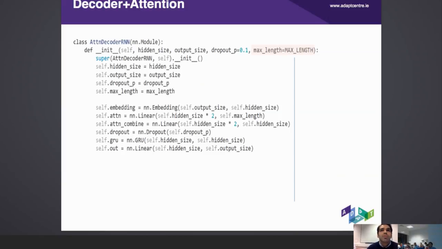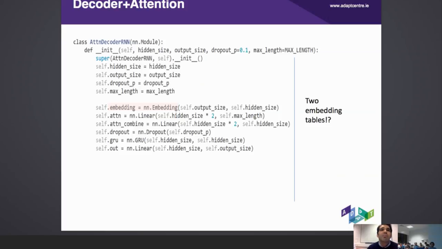For padding purposes or for excluding very long sentences, it is better to have this parameter here, but this is not a must, it's kind of optional. So this max length shows the number of words in our sequence, and we're going to work with this length in our next slides. We basically initialize, this is a simple assignment here.